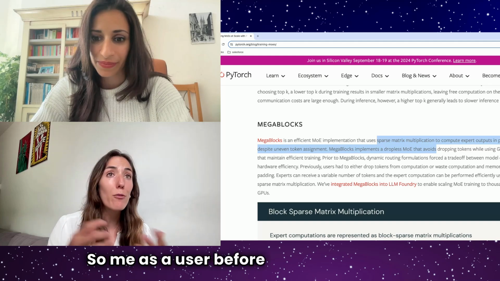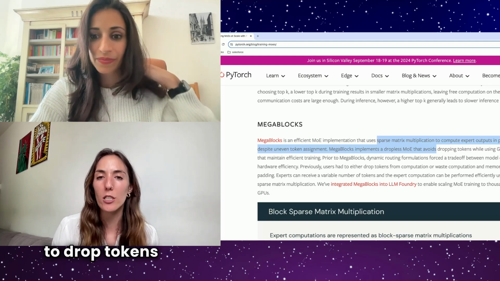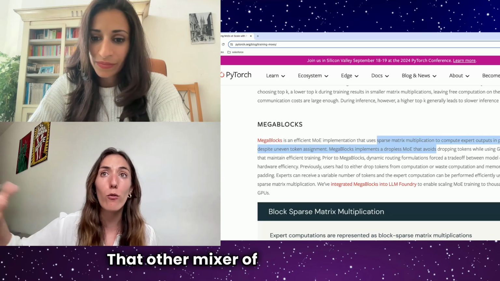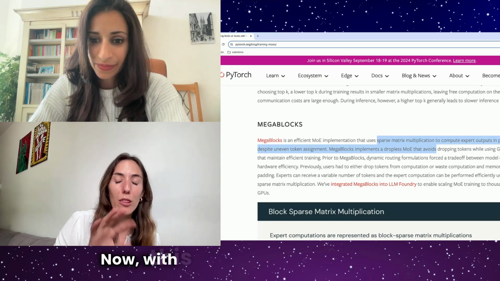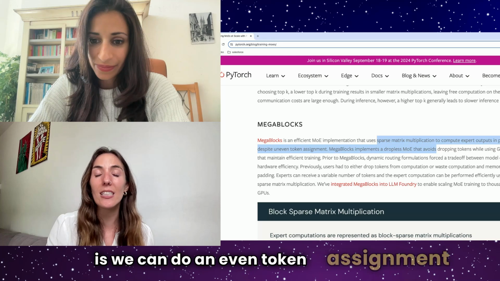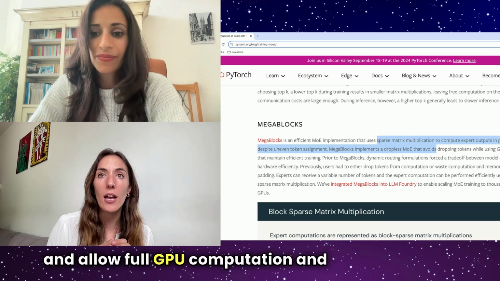Me as a user before MegaBlocks, I had no way to control it, and I had either to drop tokens from the computation or waste some computation when other experts were not doing a lot of work. Very simplistically. Now, with this library, we can do uneven token assignment and allow full GPU computation and utilization.